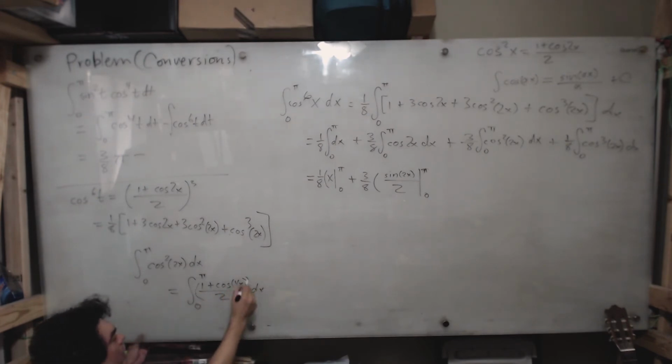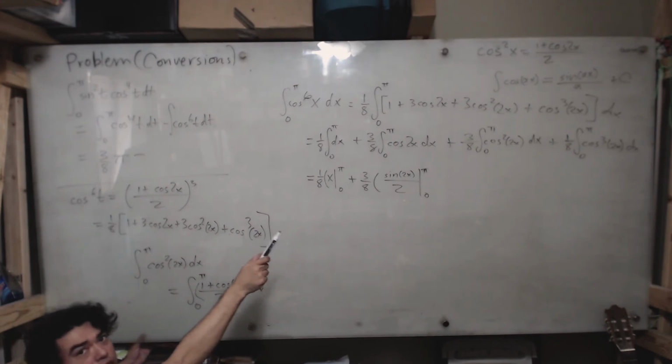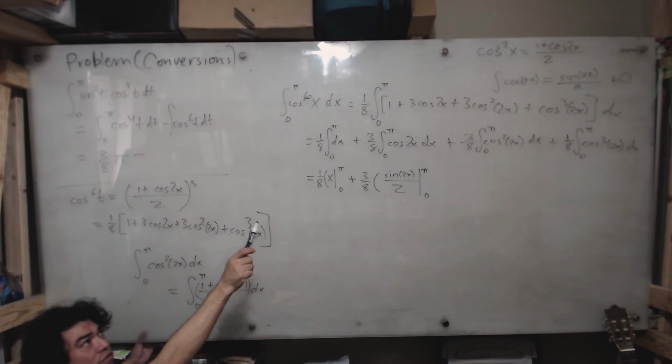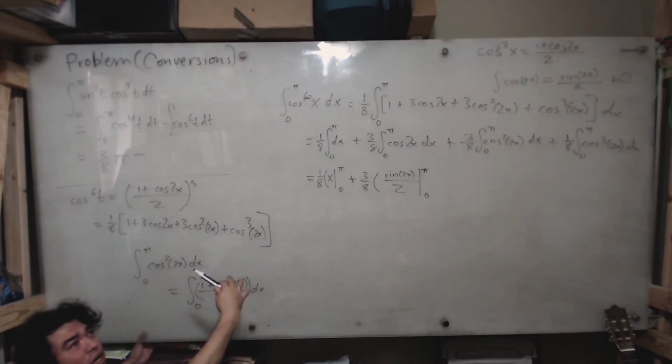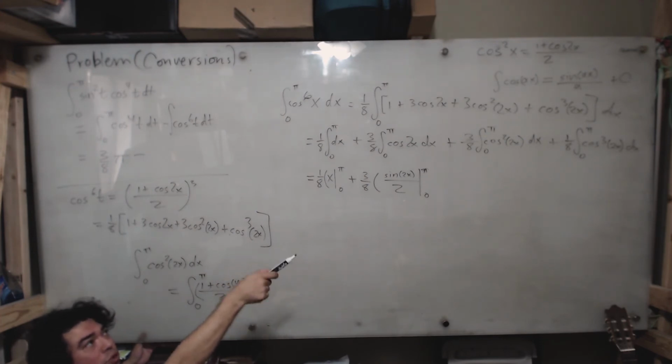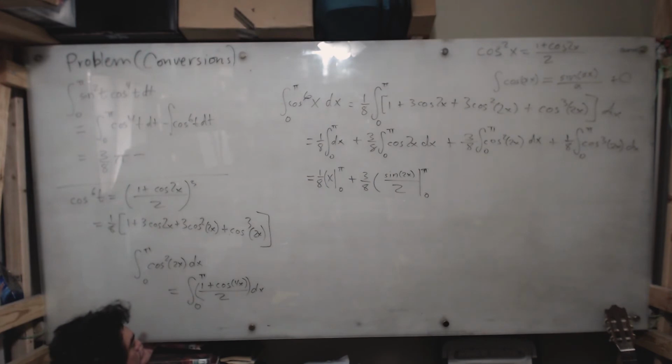And I want you all to realize that I got that straight from that formula at the top. Cosine squared of x is (1 plus cosine of 2x) divided by 2. In our case, the cosine squared of 2x, so what is the 2x and the cosine on the top in the numerator? It's cosine of 2 times 2x, which becomes the 4x here.